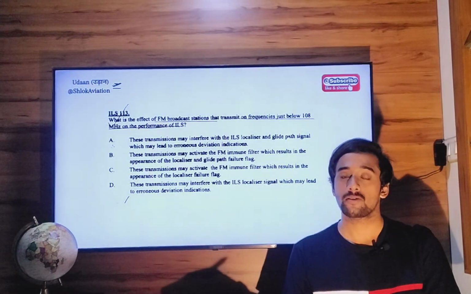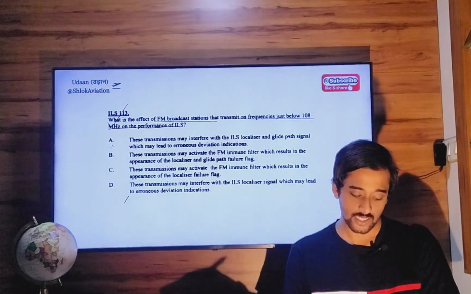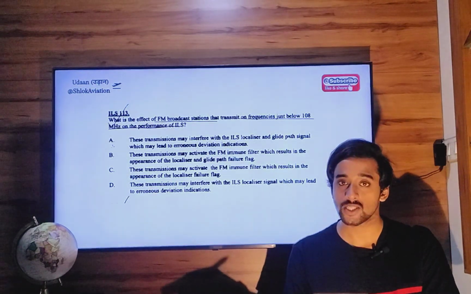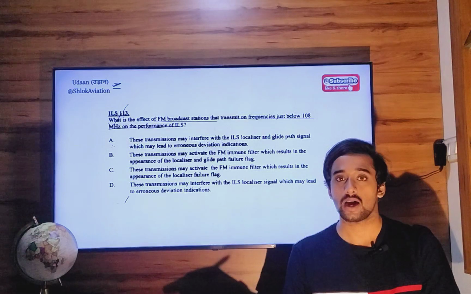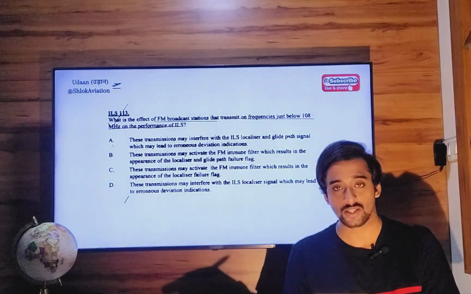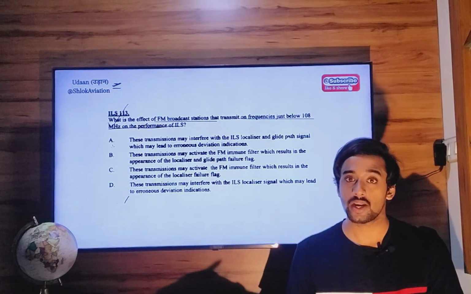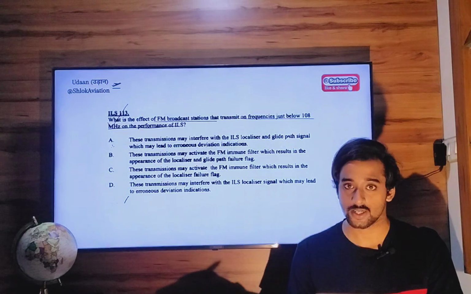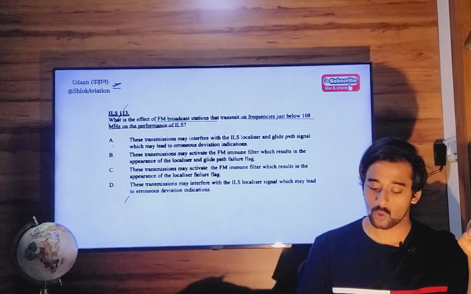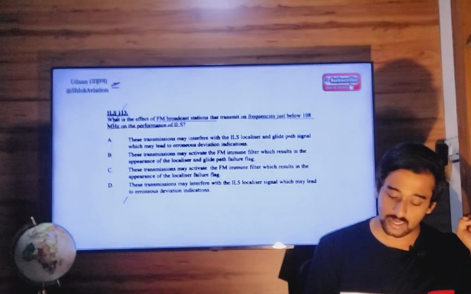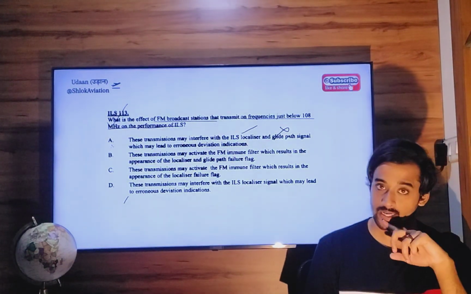In order to prevent that, we have something called FM immune filters fitted in the ILS localizer equipment. These filters will filter out any interference originating from FM radio stations. So the correct answer: these transmissions may interfere with the ILS localizer and glide slope? No, they interfere only with the ILS localizer.